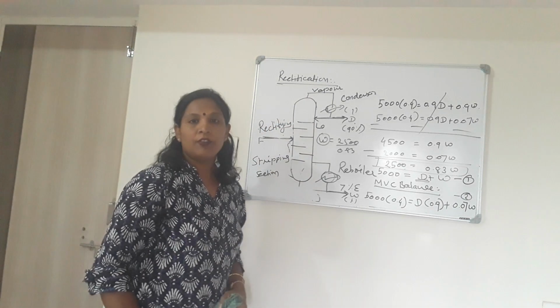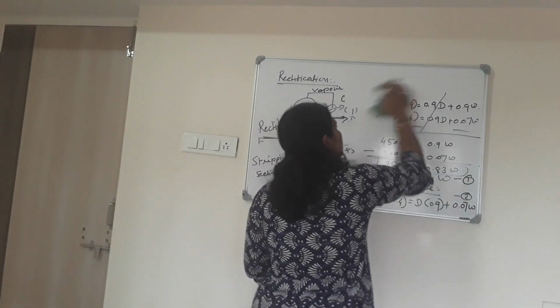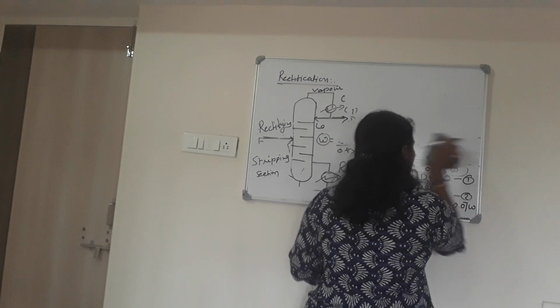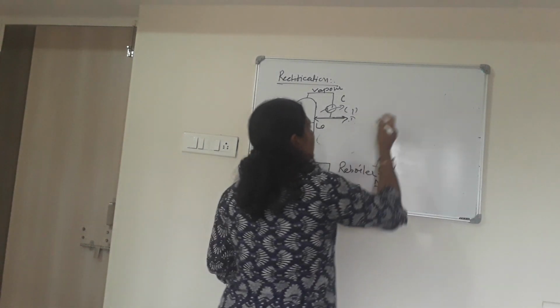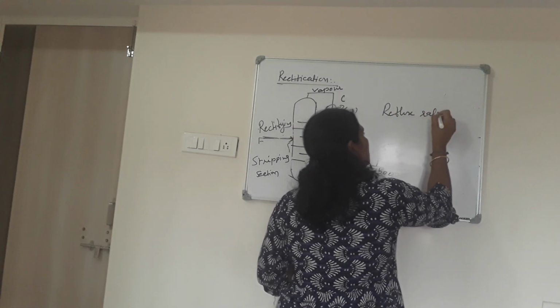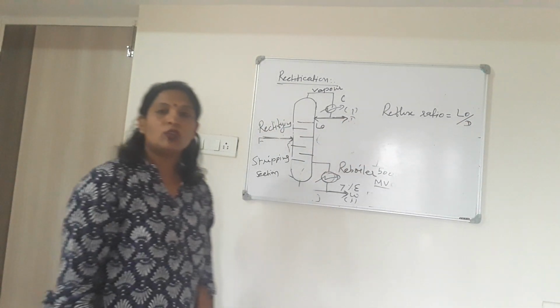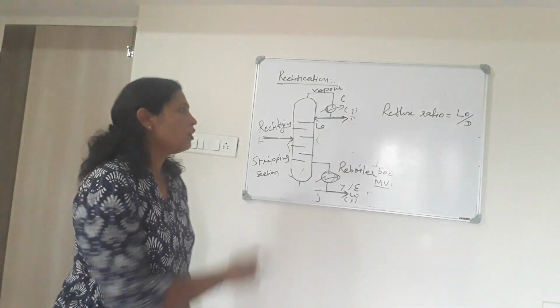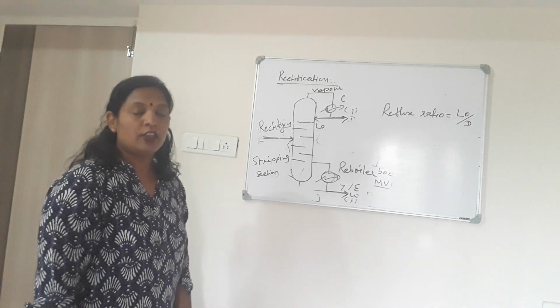The part of the liquid which we send back into the column is known as reflux, and reflux ratio is equal to L0 by D. So these are the simple things which I have explained about the rectification column.